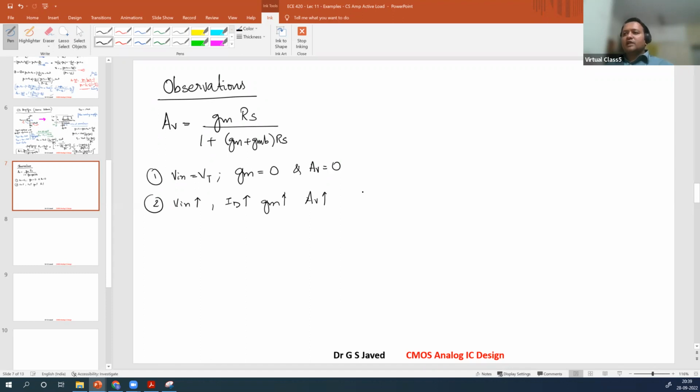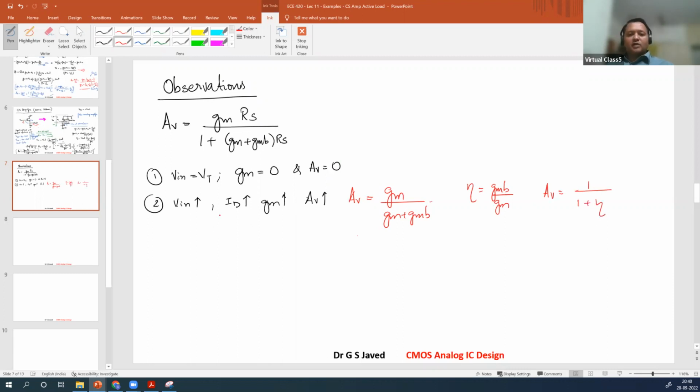So you will effectively get the ratio Av is equal to gm by (gm plus gmb). Now we have defined eta as gmb by gm. So this equation will now become Av equal to 1 over (1 plus eta). So this is another factor.